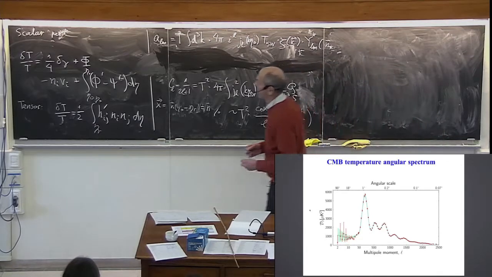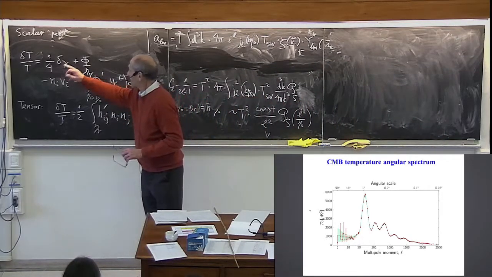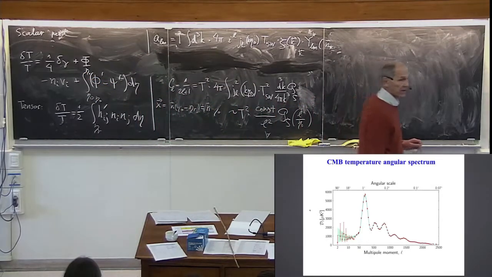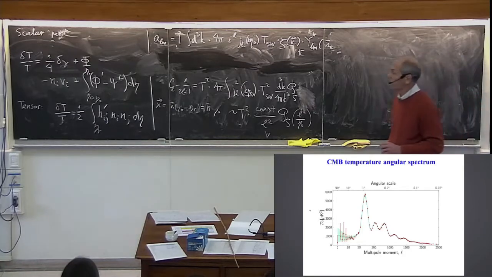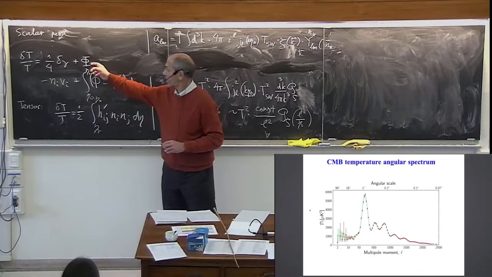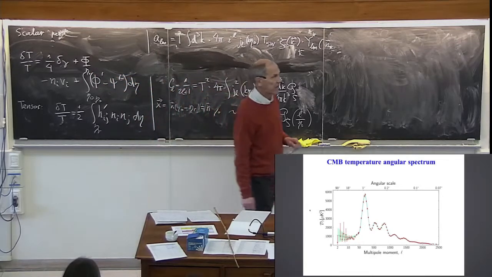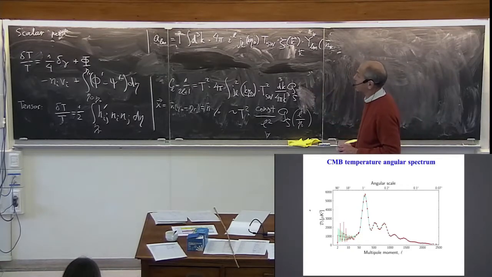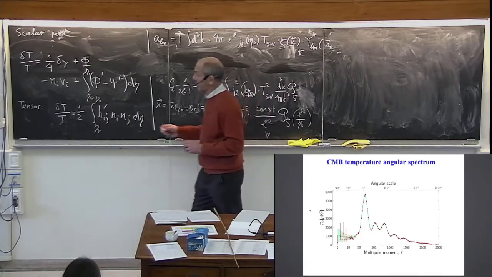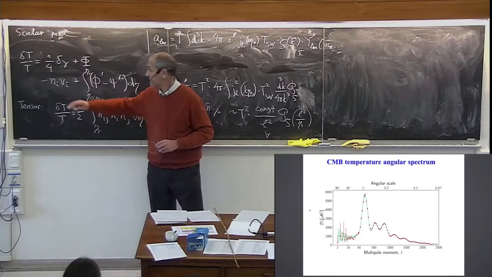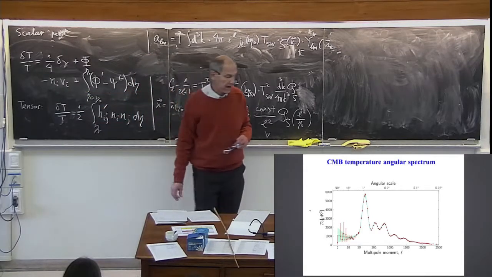Here it is. Remember, this term here had also an oscillatory part, right? If we're sticking to the Sachs-Wolfe effect, the first term here is dominant. By the way, why is it dominant? At low multipoles, velocities are small, as we saw. That corresponds to low momenta, and velocities are small. So this term is small at low multipoles.